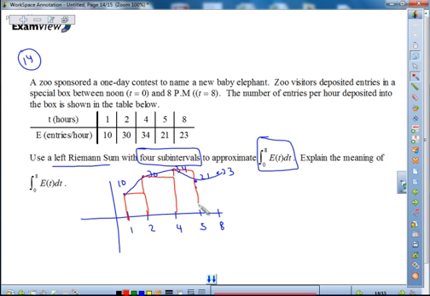One thing you're going to notice is that the bases are not the same. So I'm not going to be able to multiply like I did in number 12, where my bases were the same, because the base of rectangle 1 is 1, the base of rectangle 2 is 2, the base of rectangle 3 is 1, and the base of rectangle 4 is 3. So I'm not going to be able to use that shortcut. I'm going to have to use base times height for each individual one.